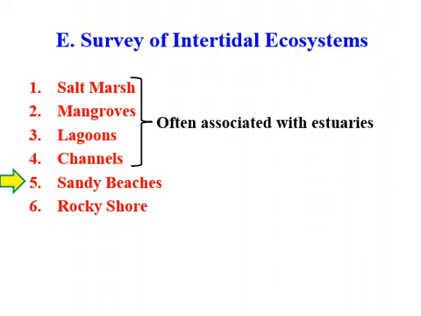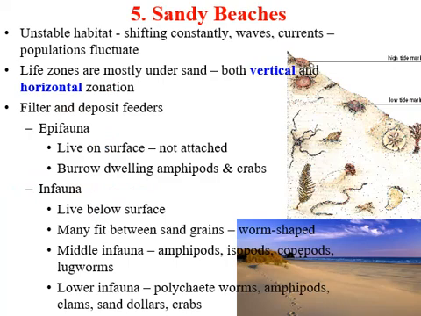Well, the type of intertidal ecosystem that there are a lot of are sandy beaches and rocky shores. So let's start talking about sandy beaches. Now, we've looked at zonation. We've looked at zonation in terms of moving from the water to land, or moving from land towards the water.